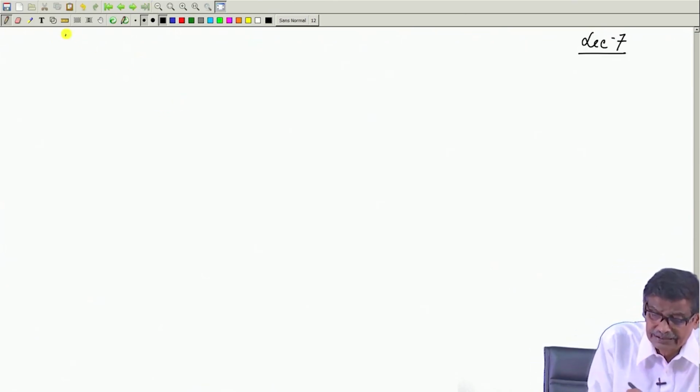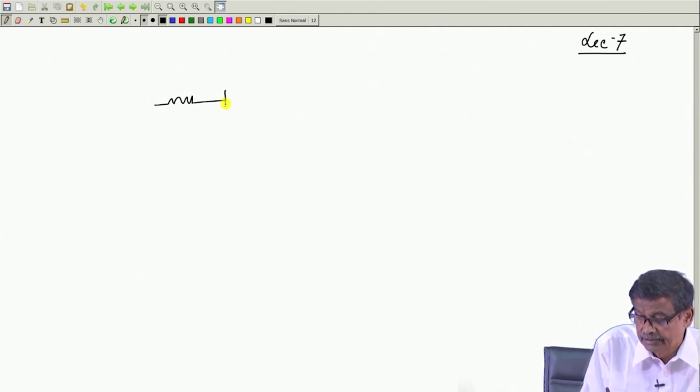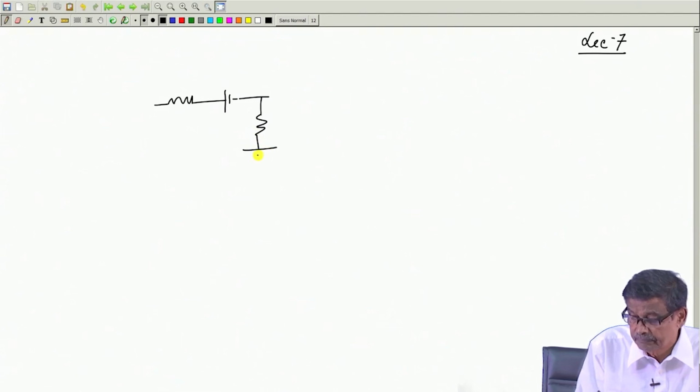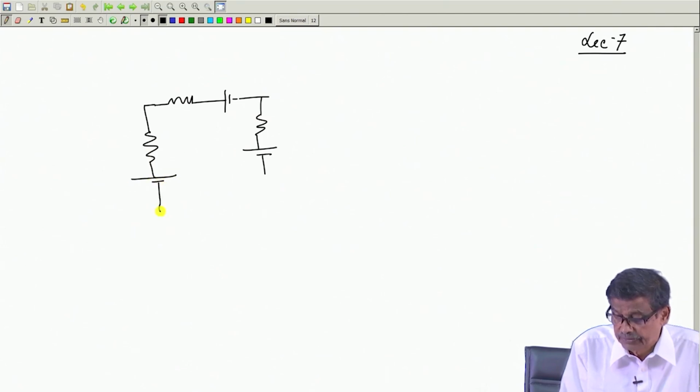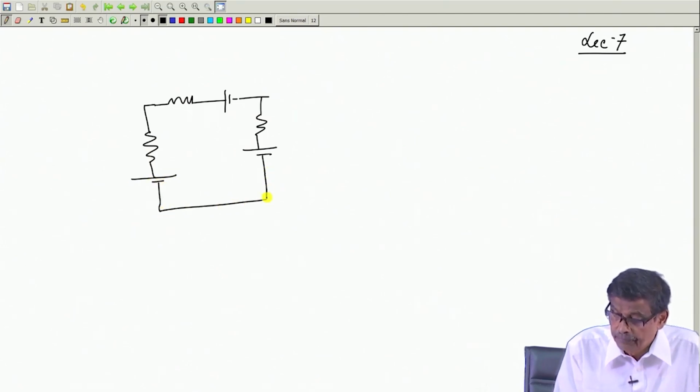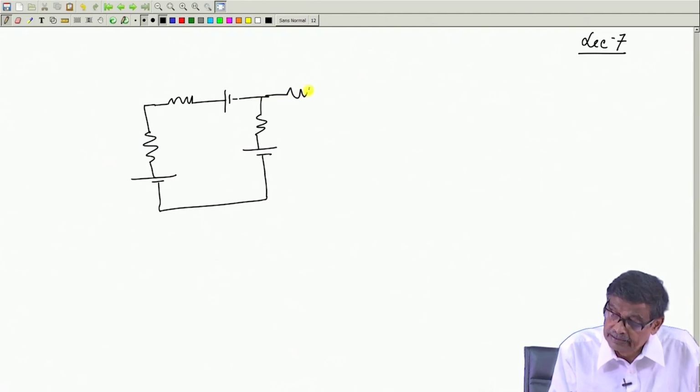Suppose I draw another circuit, which may not be exactly the same but is of a similar type. Suppose you have a network like this, and here is some resistance, there is some source, and there is another resistance, some source.